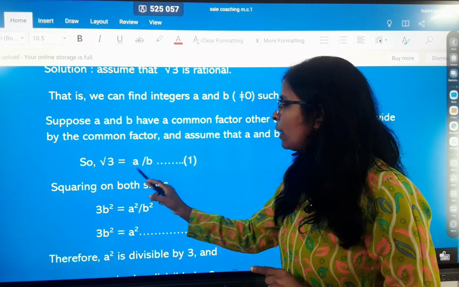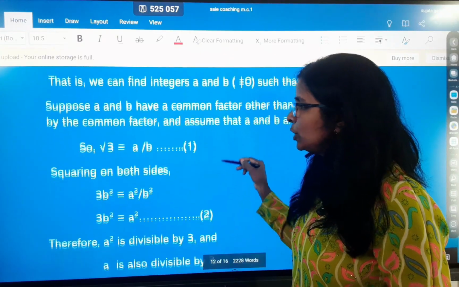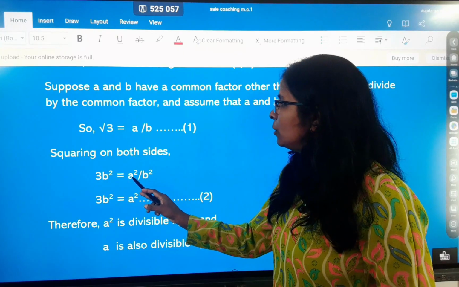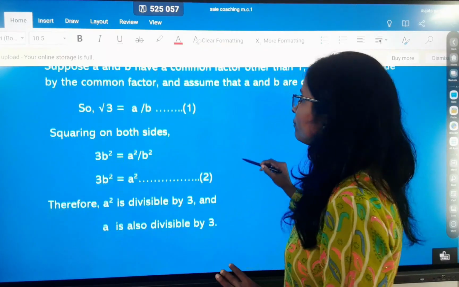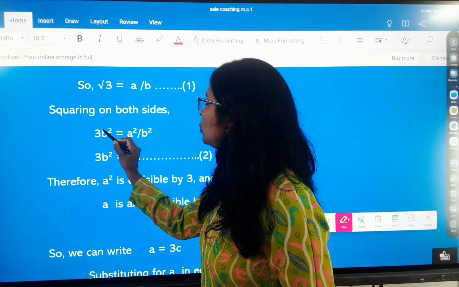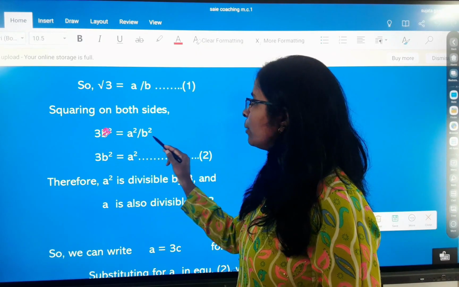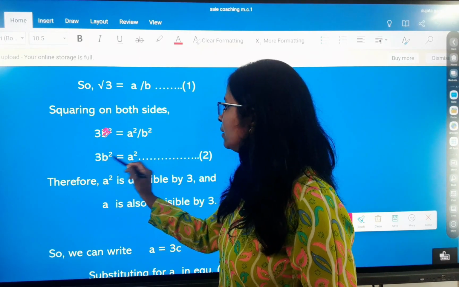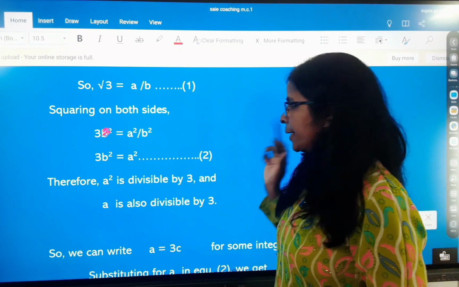So root 3 is equal to a upon b, call it the first equation. Now squaring on both the sides, we get 3 is equal to a square upon b square. So now cross multiply, that is 3b square is equal to a square, and call it the second equation.